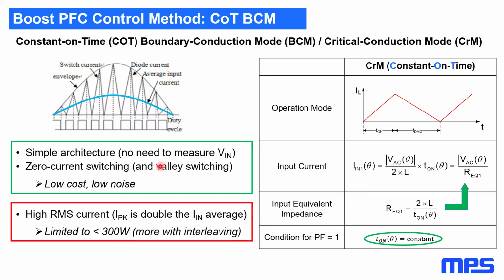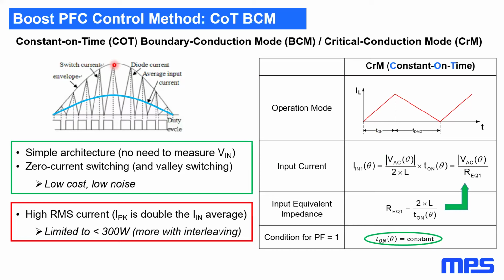Now, of course, this is not perfect. There will always be some disadvantages. The main and obvious one is that to get this level of current, you need to have twice as high a peak current. So this means that we have quite high RMS current flowing and quite high I peak, which practically limits it to a certain power level, which is usually around 300 watts.